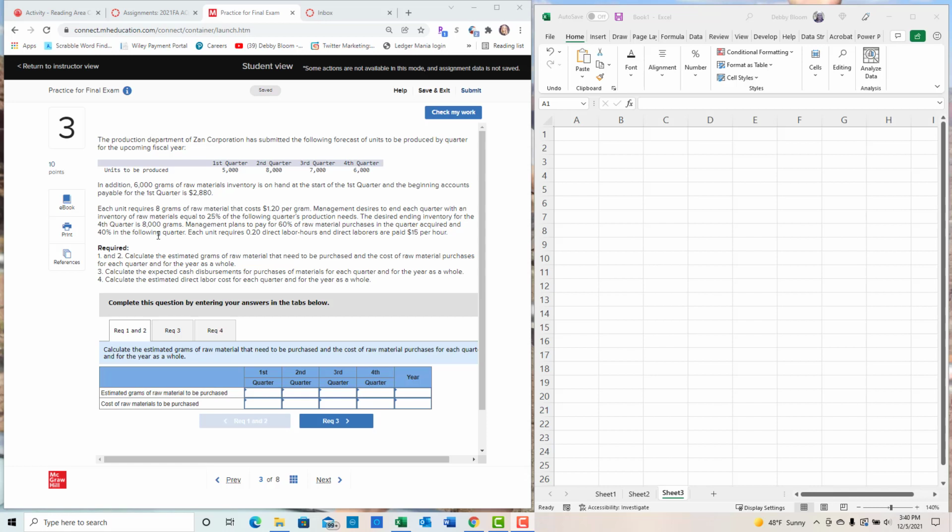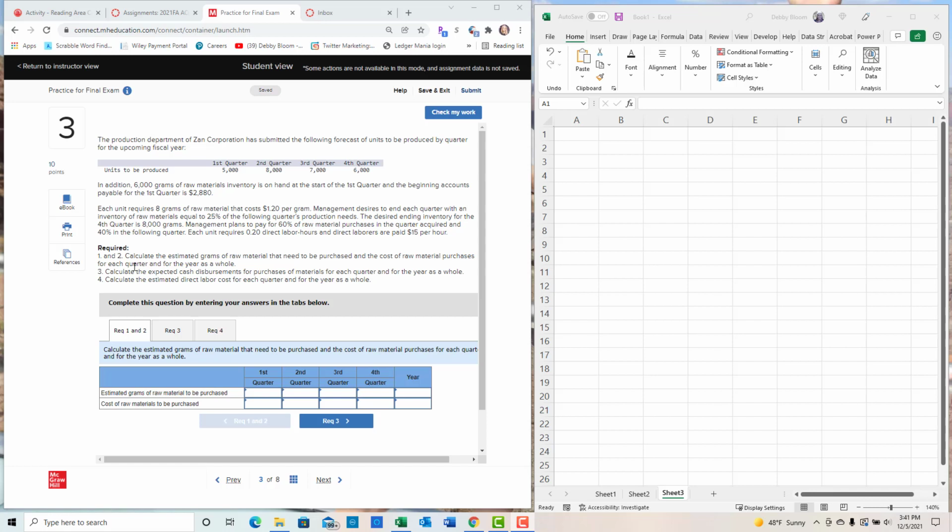The desired ending inventory for the fourth quarter is 8,000 grams. Management plans to pay for 60% of raw materials purchases in the quarter acquired and 40% in the following quarter. Each unit requires 0.2 direct labor hours, and direct laborers are paid $15 per hour.